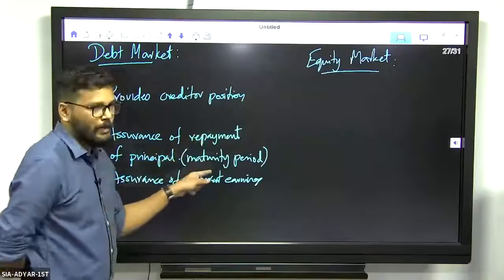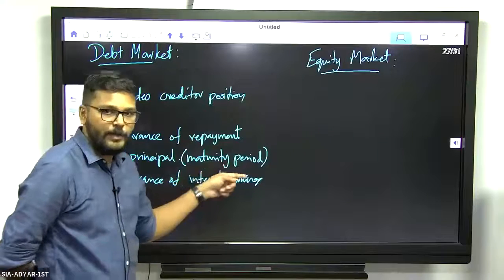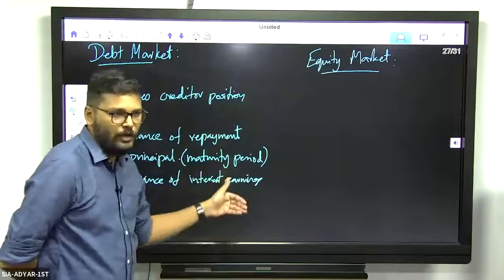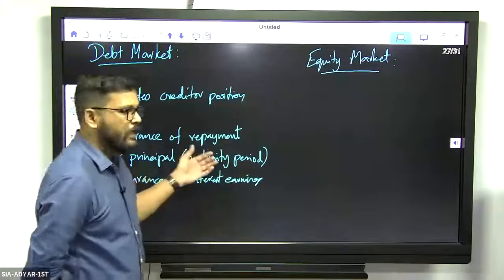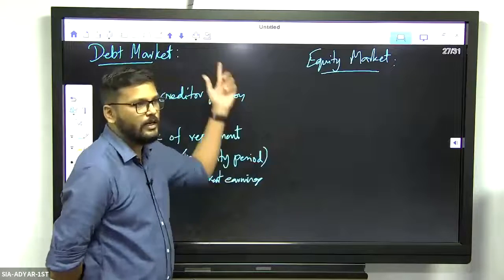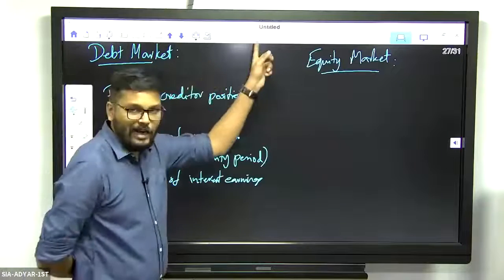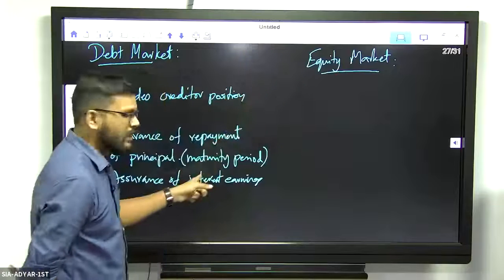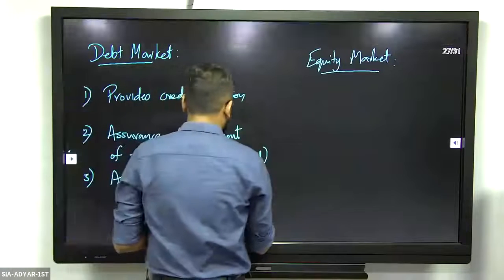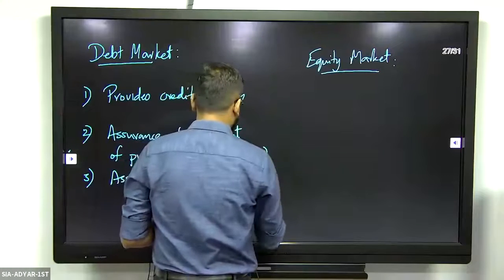Assurance of repayment, because there is a maturity period. If the maturity period is up to 1 year, it will be a money market instrument. If it is greater than 1 year, it will be a capital market instrument. But here we are studying this under the heading of capital market, so I'll say maturity period more than 1 year.